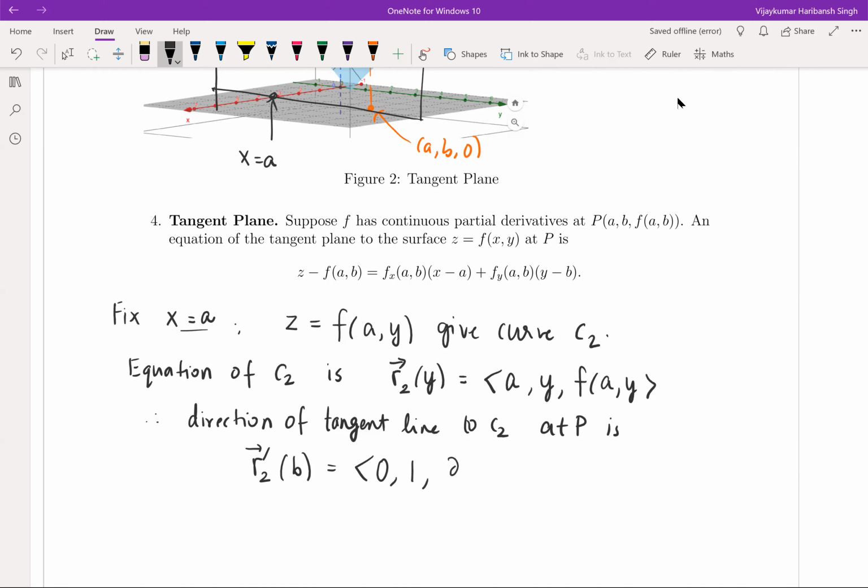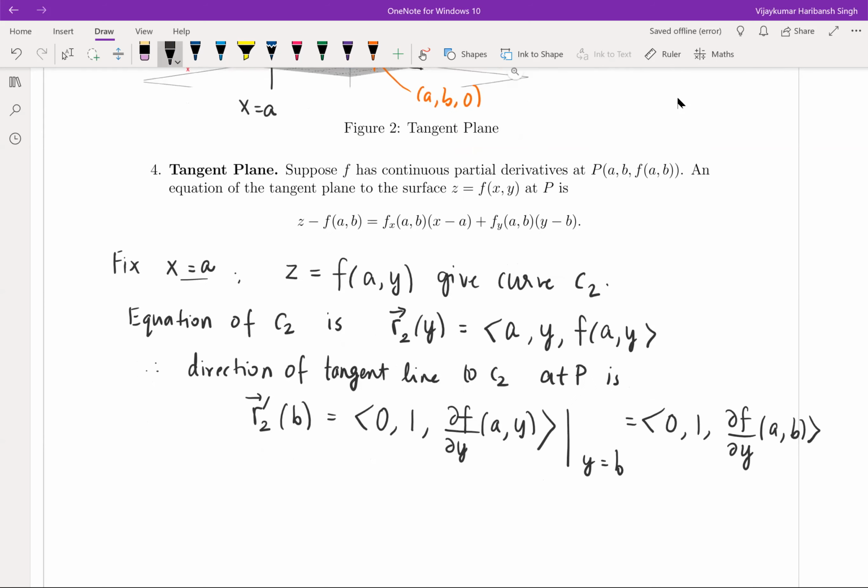Derivative of this is A, and then you're substituting Y equals to B. So that is going to be 0, 1, AB.